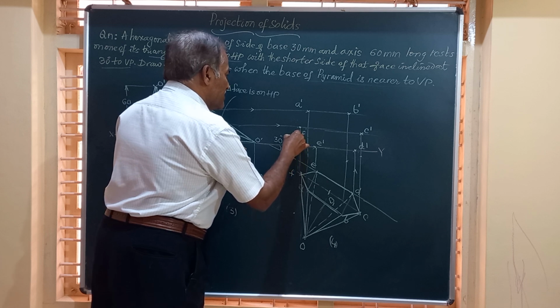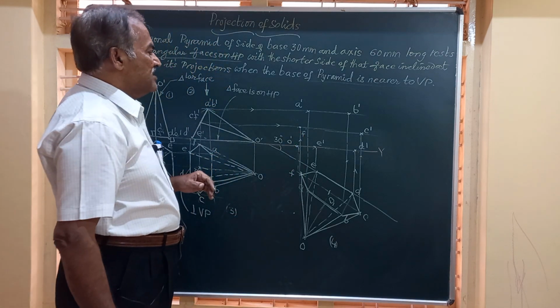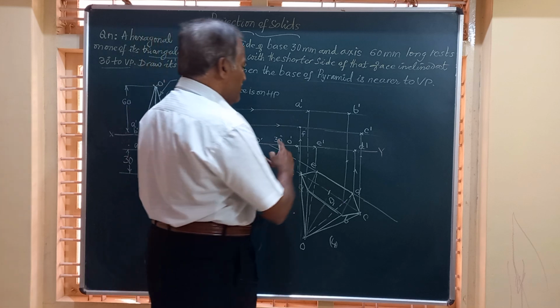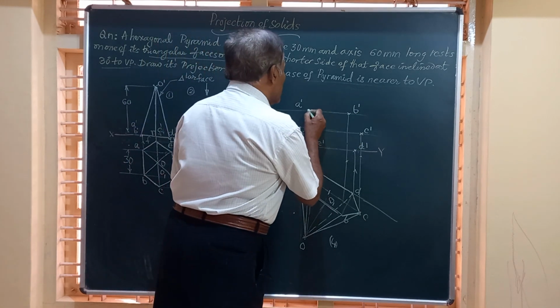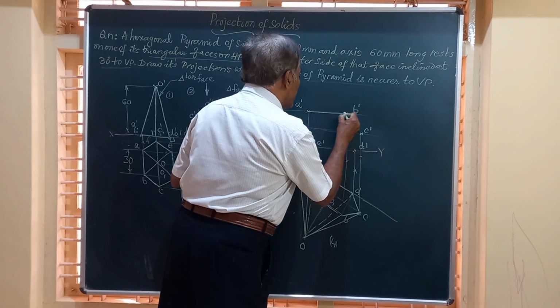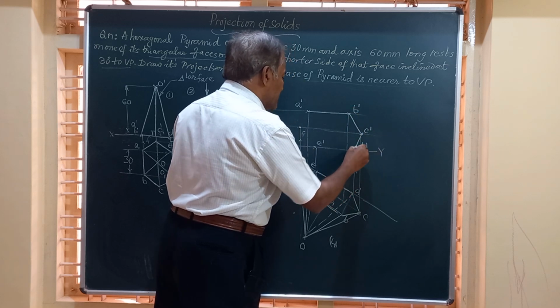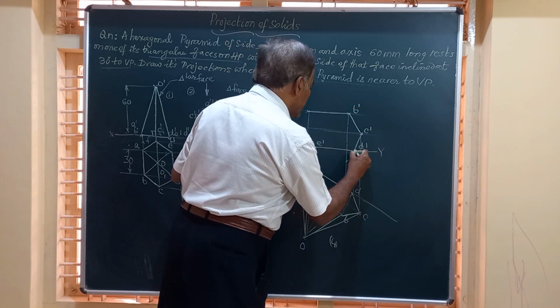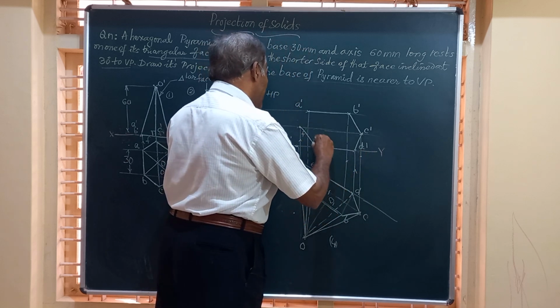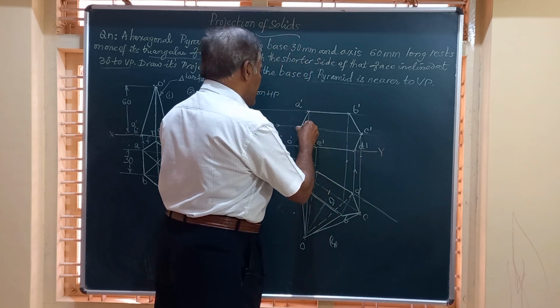Friends, you have got all these points. Let us join them by straight line. First, let us complete the base. So, join A dash to B dash, B dash to C dash, C dash to D dash, D dash to E dash, E dash to F dash, F dash to A dash.